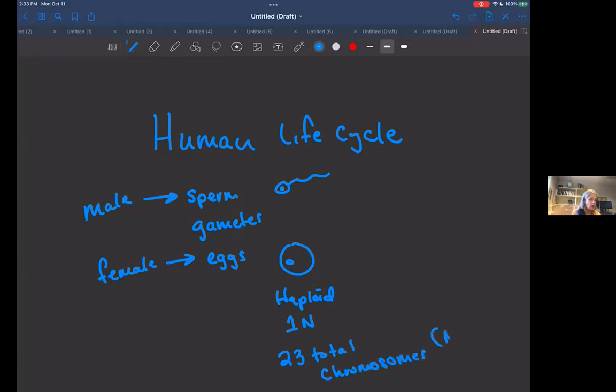And that means that there are no pairs of chromosomes. And that's really important, because the pairs are going to come into existence when the sperm fertilizes the egg. So these will come together and they form a zygote.